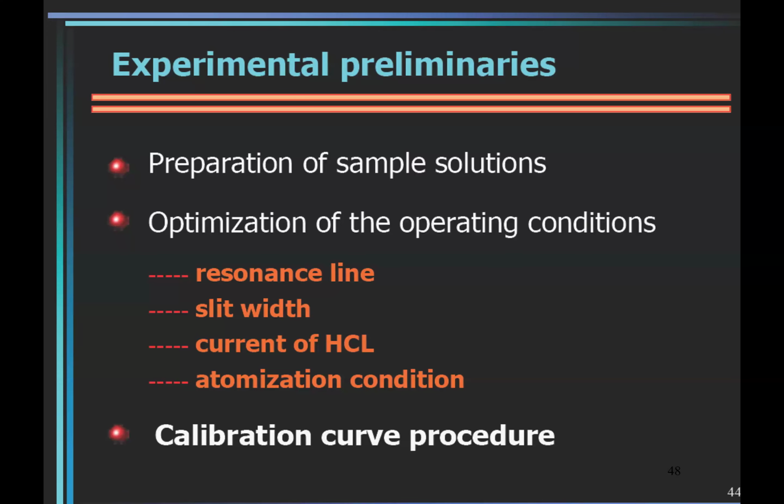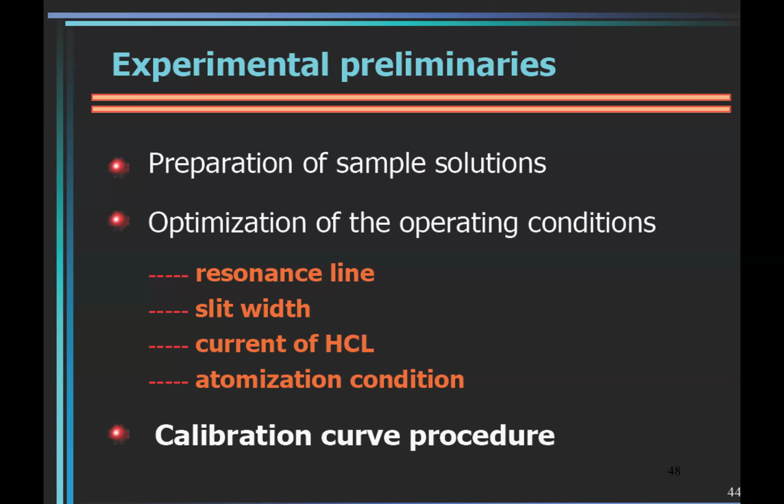Critical to the analysis is choosing the correct resonance line. AA depends on choosing the correct resonance line. If it's a new compound and you don't know the resonance line, you have to play around with them. Many resonance lines are known, so you can choose others and see if they give you the desired concentrations.